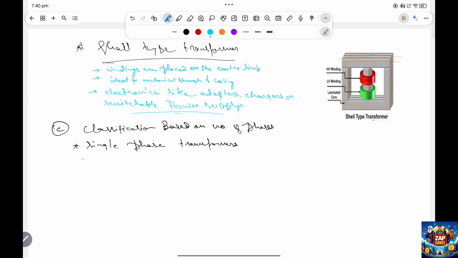We use it in domestic and small power applications.